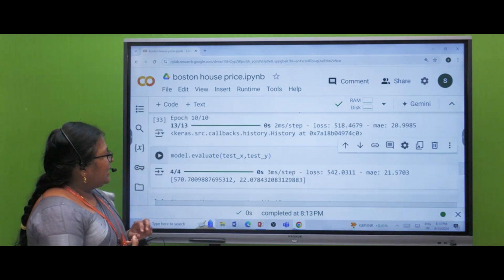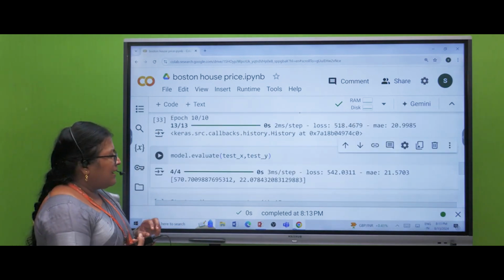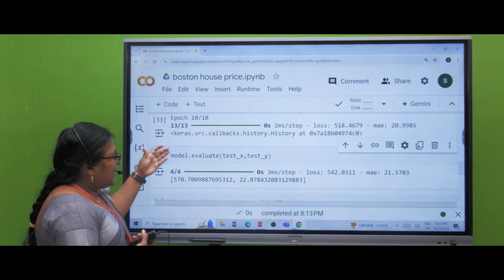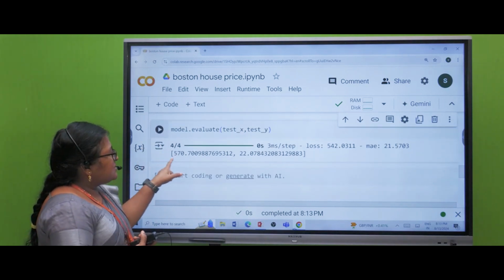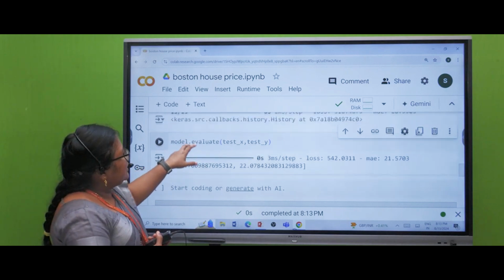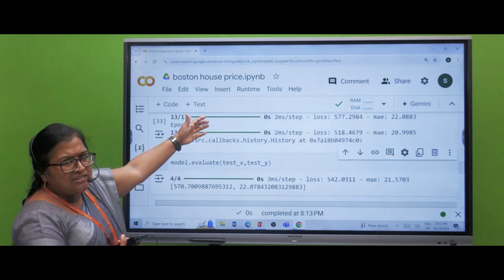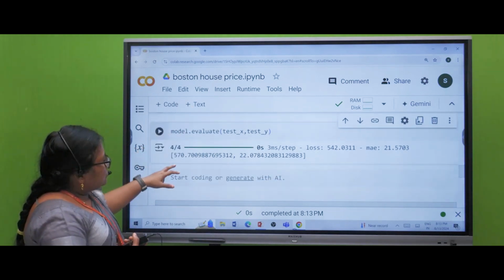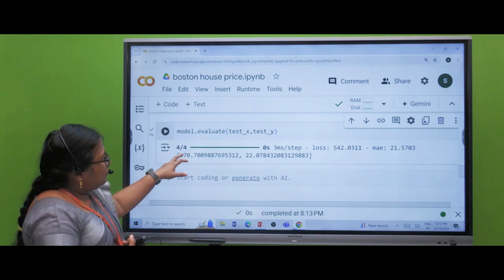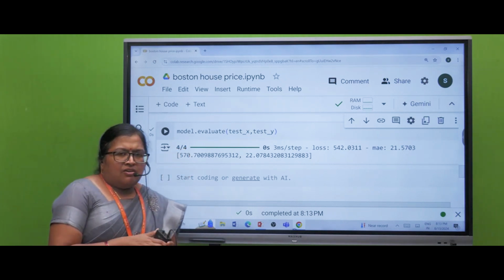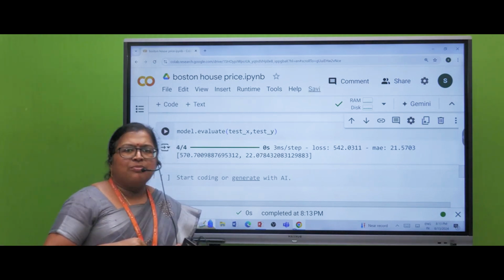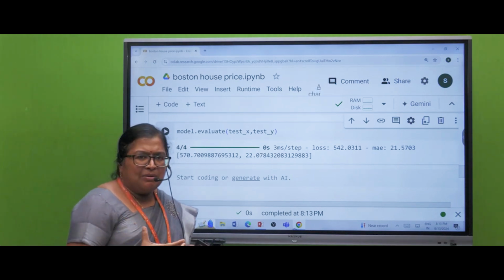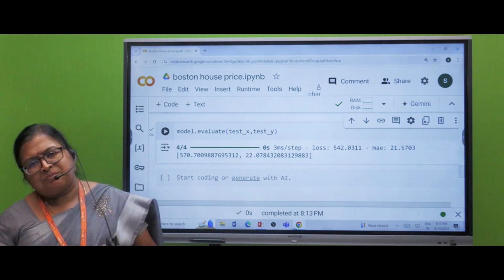Now we will evaluate on our test data. Whatever test data we have kept aside is unseen, so that test data we have given. These are the results on the test data. This 4 by 4 means 4 samples were considered from the test data, which may be some 30% or 20% we kept aside.